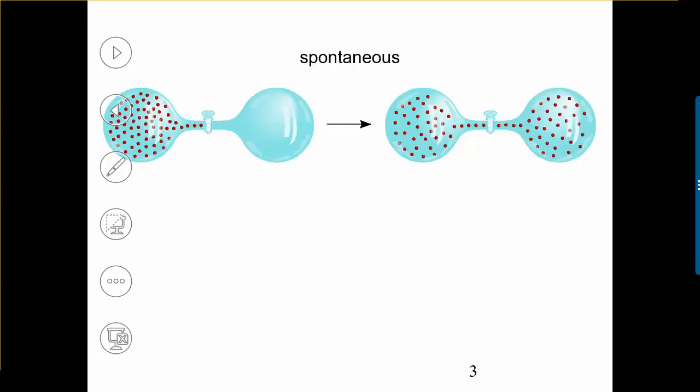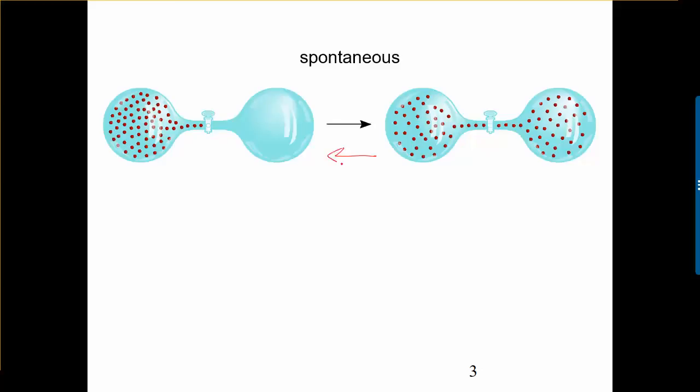Okay, so here's an example of that spontaneous process of the gas. If I have it in one bulb, and I open the valve in the middle, then that gas will expand into both bulbs. And that is spontaneous.